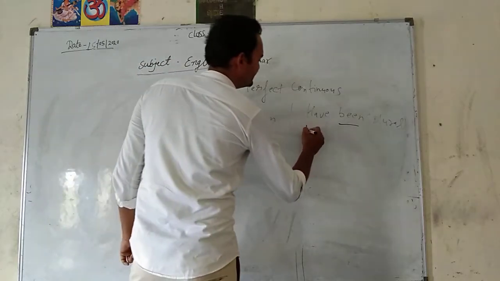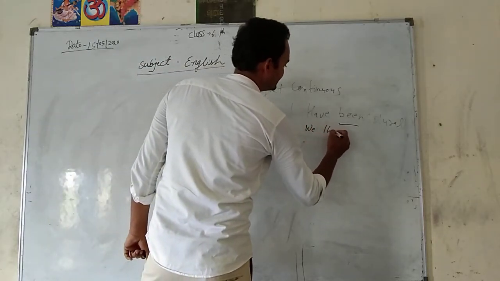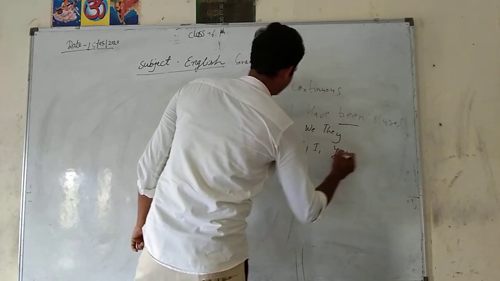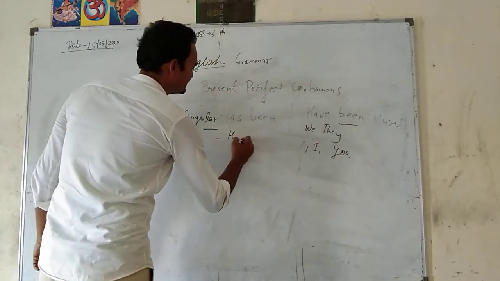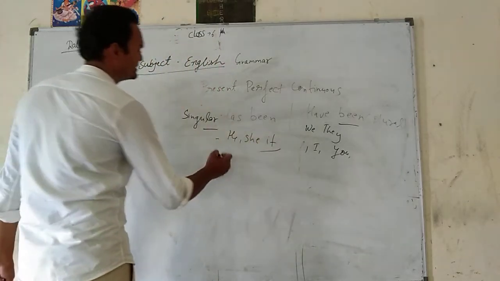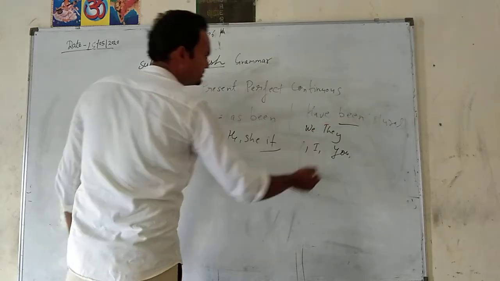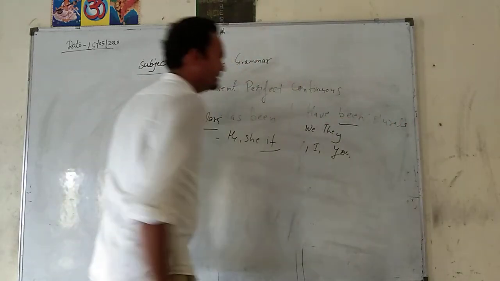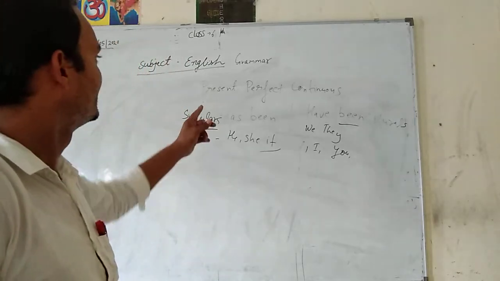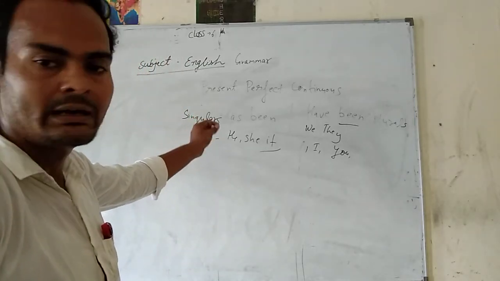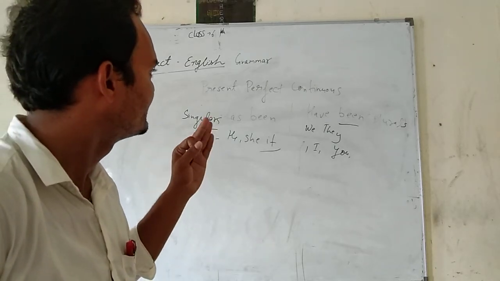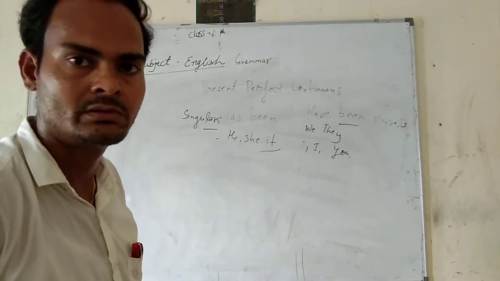Like we, they, I, you, here, and he, she, it and all singulars here, all plurals here. So as we discussed, in incidents of present time, some work has been completed and some work is still running on.